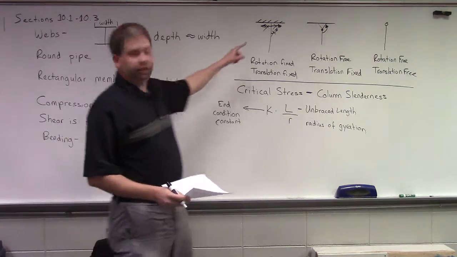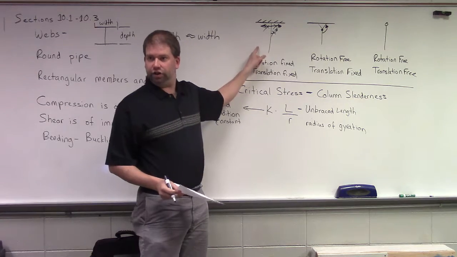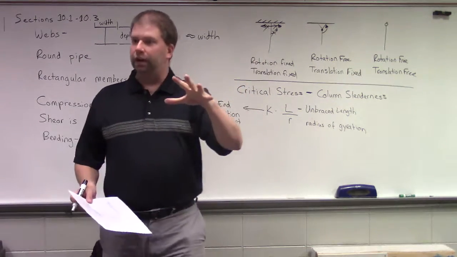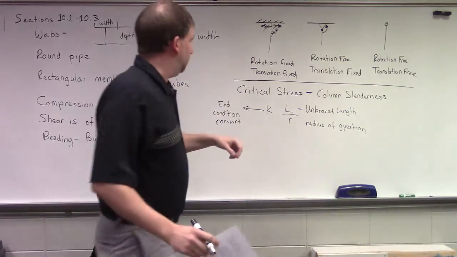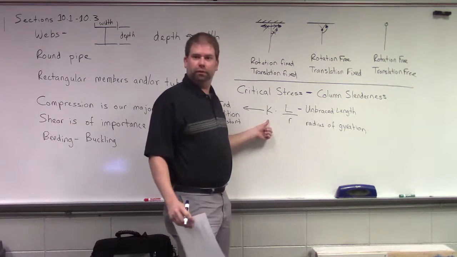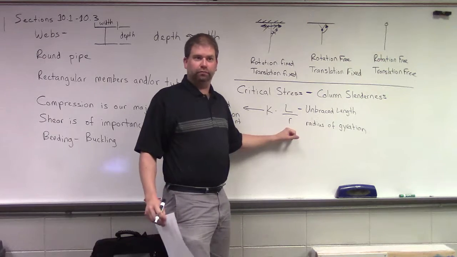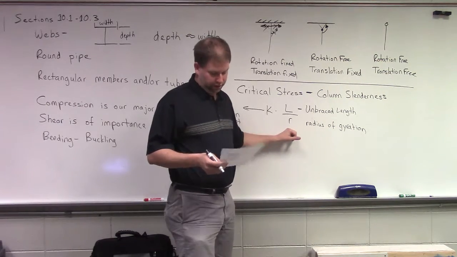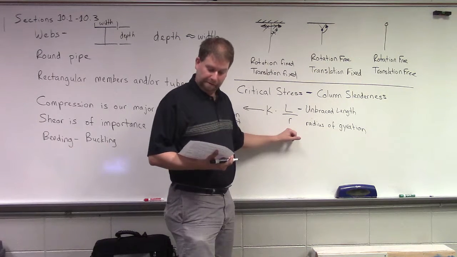No. Based on what you know your end condition to be, you look it up in the table. So K comes from a table, and the table that you'll need to reference is 10.3 on page 336.